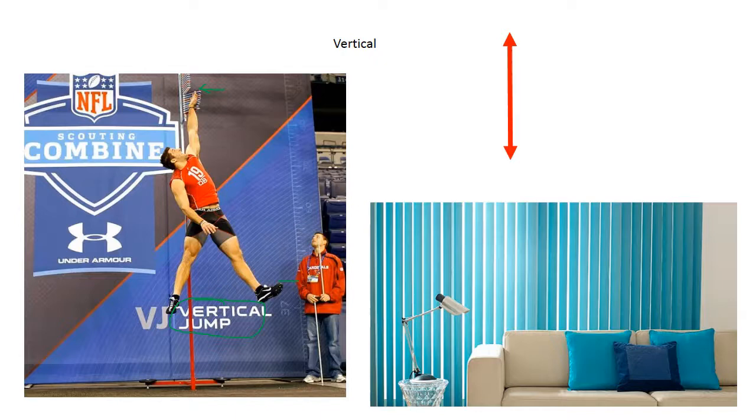Also, in your home, you might have something called vertical blinds that go up and down like these green things here. Quite lovely. So vertical blinds go up and down, just like this red line, up and down. So vertical just means that it's moving in a direction that is straight up or straight down. I mean, as straight as I can draw anyways.